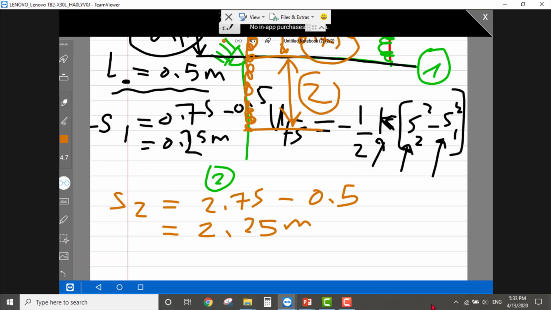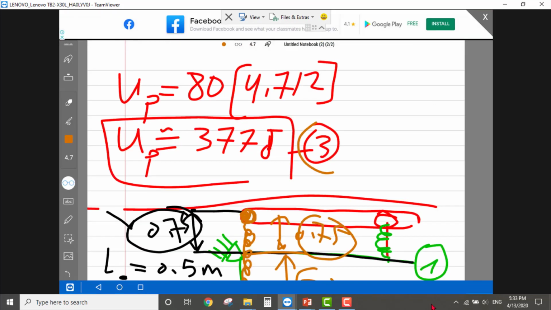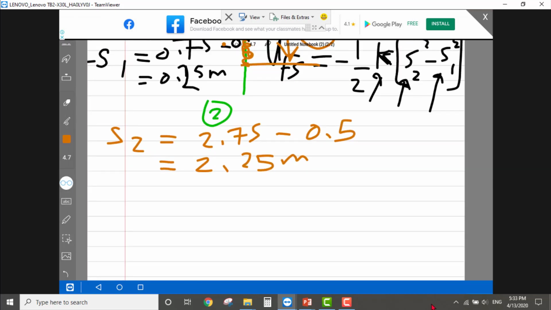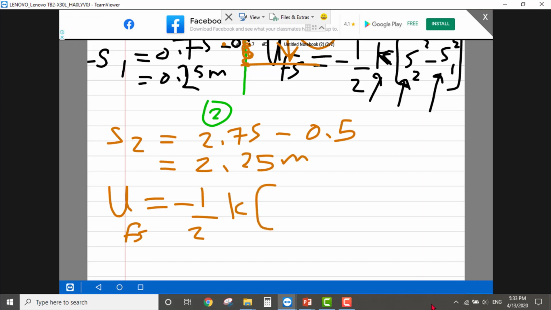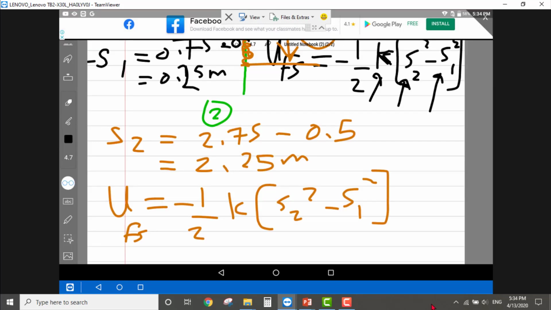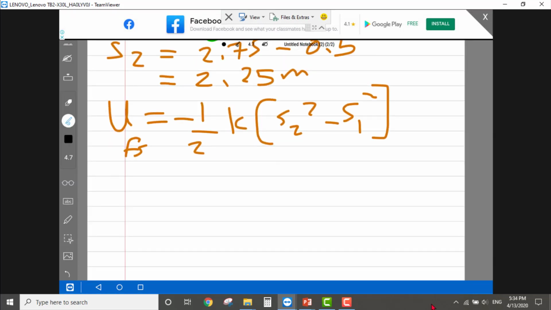Now, the work due to spring force is equal to minus, because it is always in the opposite direction of the displacement, minus half k, S2 squared minus S1 squared. The stiffness was mentioned in the statement of the problem. First of all, let me write minus half.